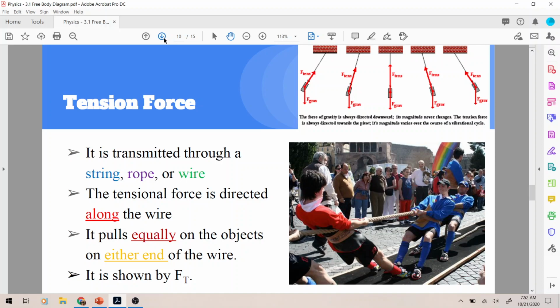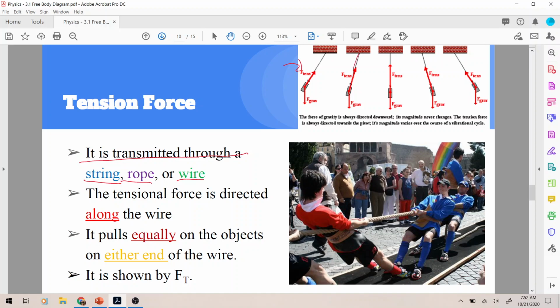Alright, tension. What is tension force? It's transmitted through a string, rope, or wire, or anything like that. So tension force is directed along the wire. If you look at those cases, the tension doesn't have a certain direction.